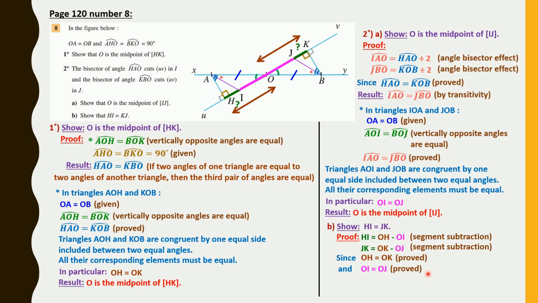It's the same. And as a result, since OH equals OK and OI equals OJ, it means their differences are equal. These two quantities are equal. OH minus OI equals OK minus OJ, and the result HI equals JK by transitivity.